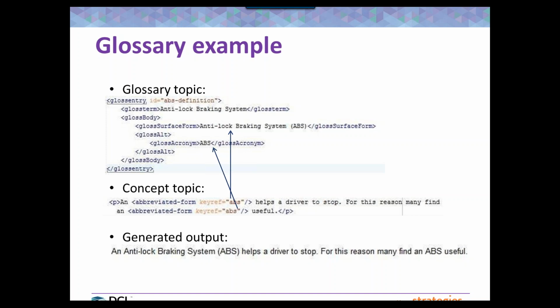And the output would be as it shows below. Now, folks might say, well, that's a lot of work. Well, the reality is that you don't need to use every mechanism, but what's powerful about this is that instead of having to go and create all these associations and map things back and forth with the different languages, by setting up this association, when the glossary topic gets translated and the concept topic gets translated, the association is still there.